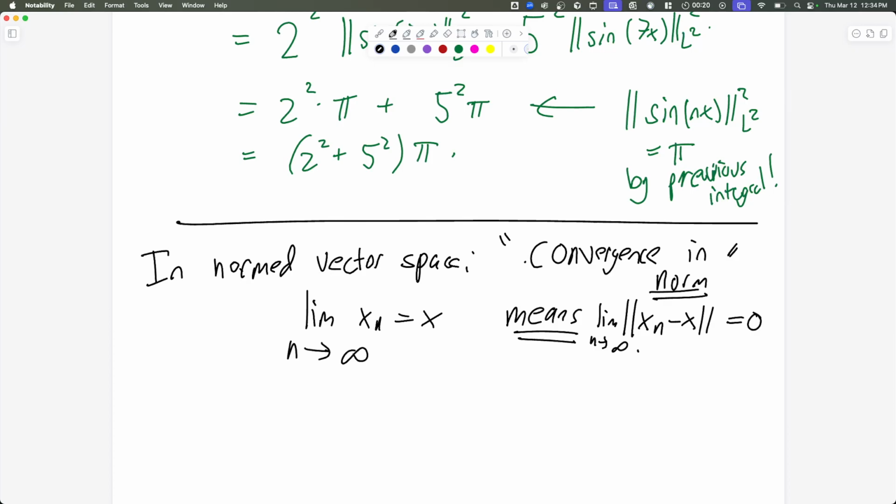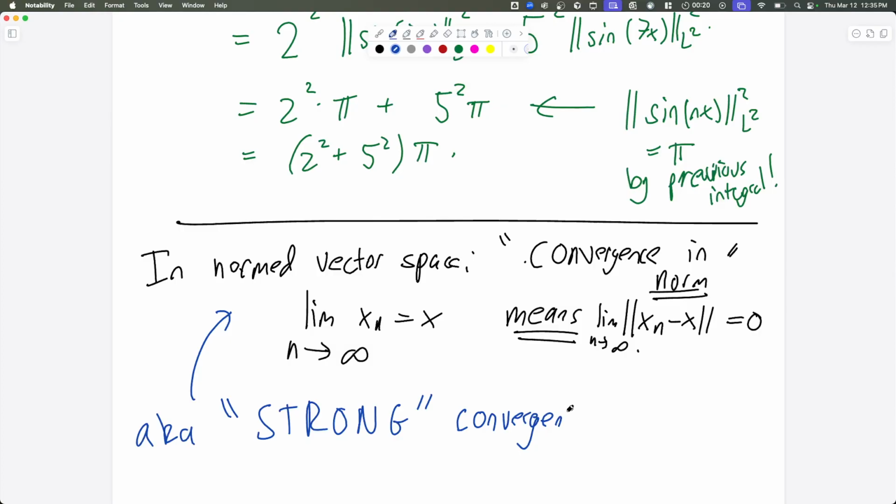In chapter 3, there is a new type of convergence. This type of convergence is called strong convergence. So when you hear someone say strong convergence, that's the ordinary convergence you've been doing the whole time.